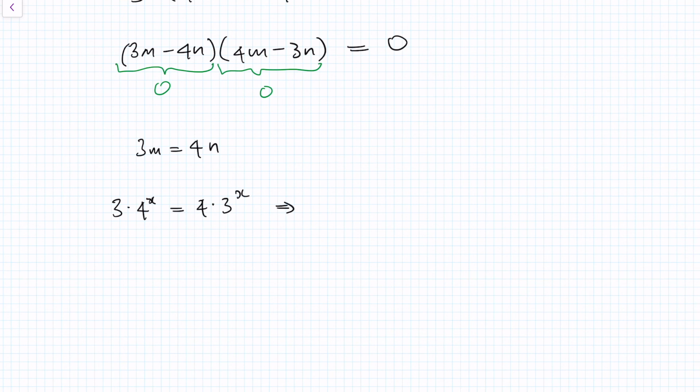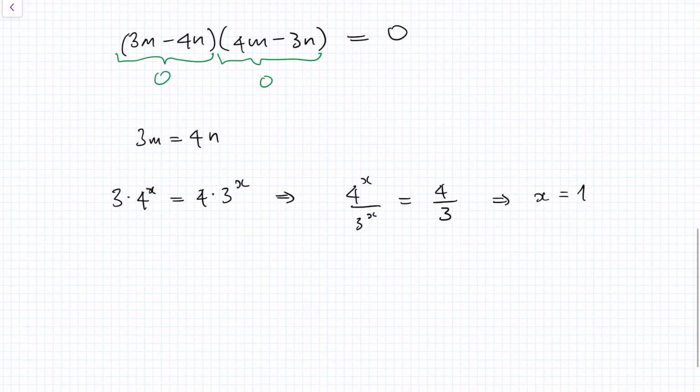So that implies we have 4 to the power of x over 3 to the power of x is equal to 4 over 3, which implies x is equal to 1. That's one of the solutions.